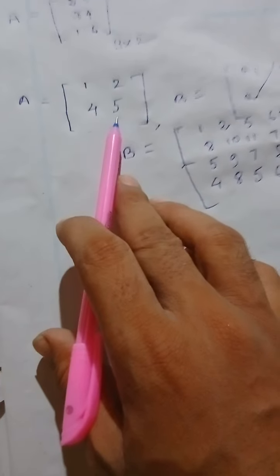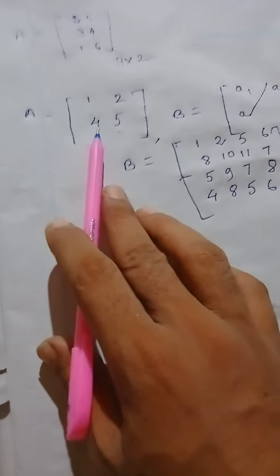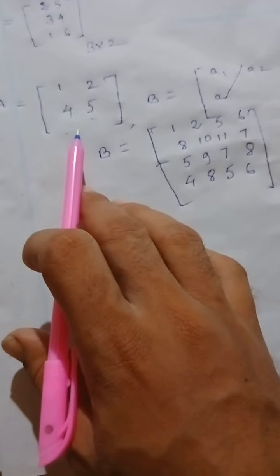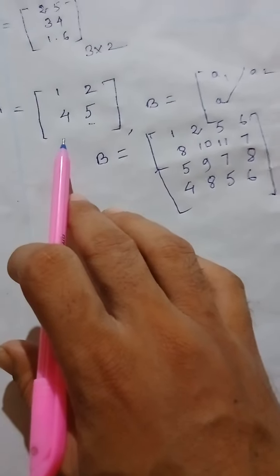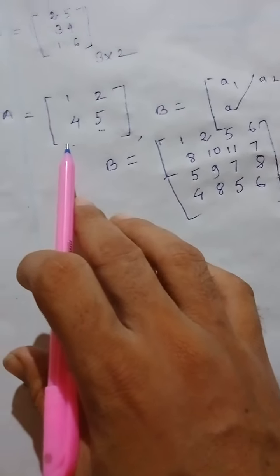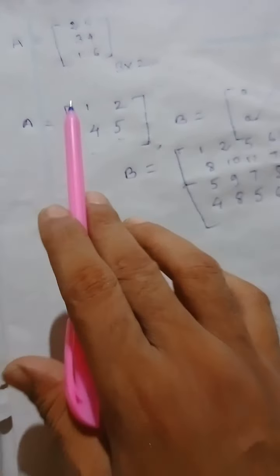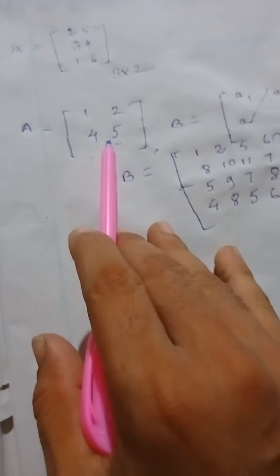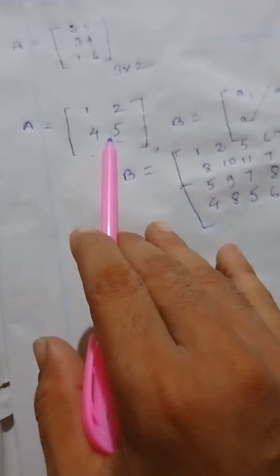A matrix 1 2 4 5 is also a square matrix because number of rows and columns are equal. Here number of rows 2 and columns 2, they are equal.